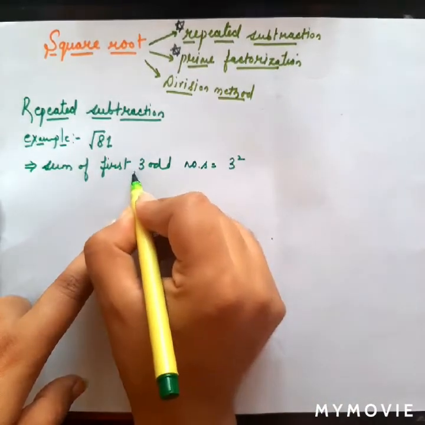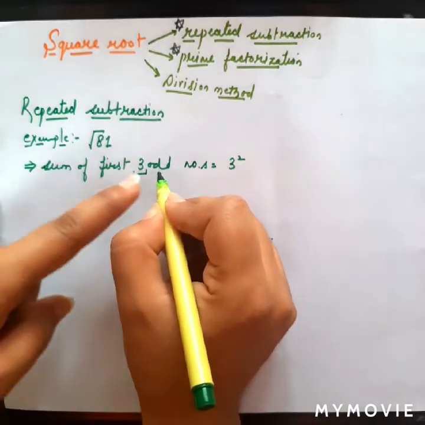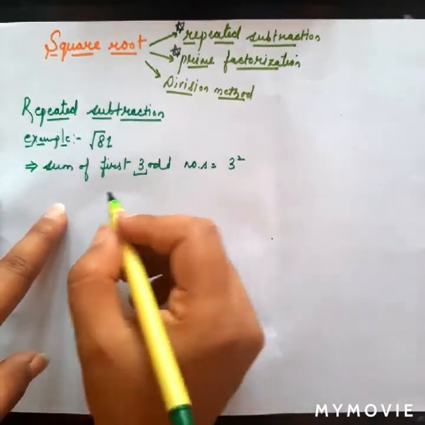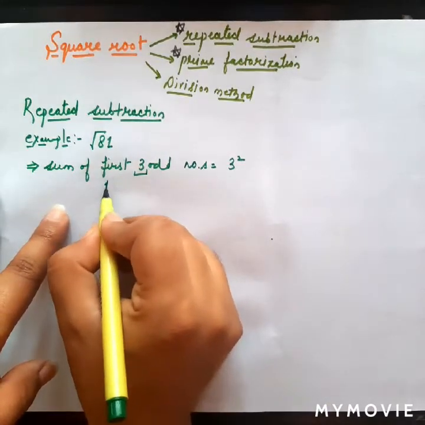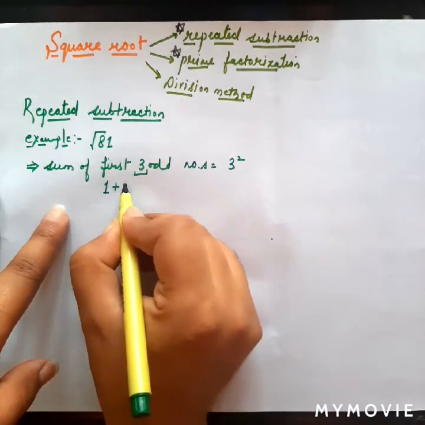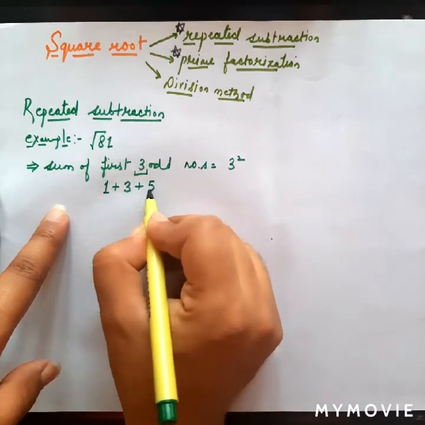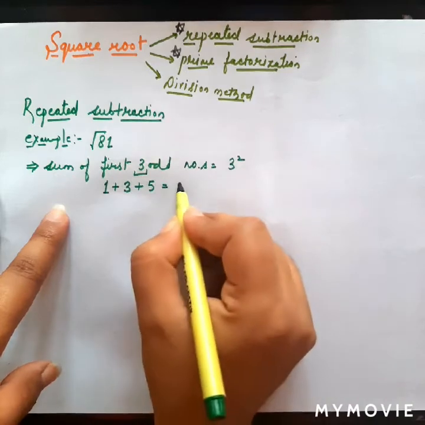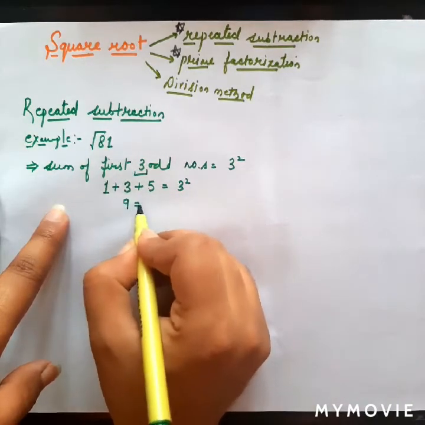How many numbers are we taking? Three odd numbers. The first odd number is 1, the second is 3, then the third is 5, and this should be equal to 3 square. 5 plus 3 plus 1 is 9, which equals 9.